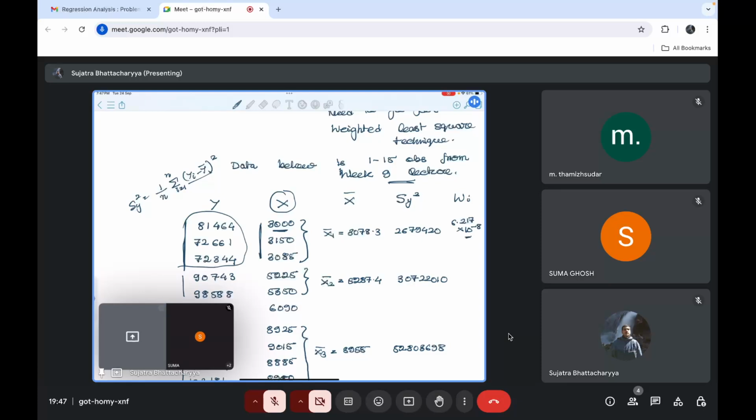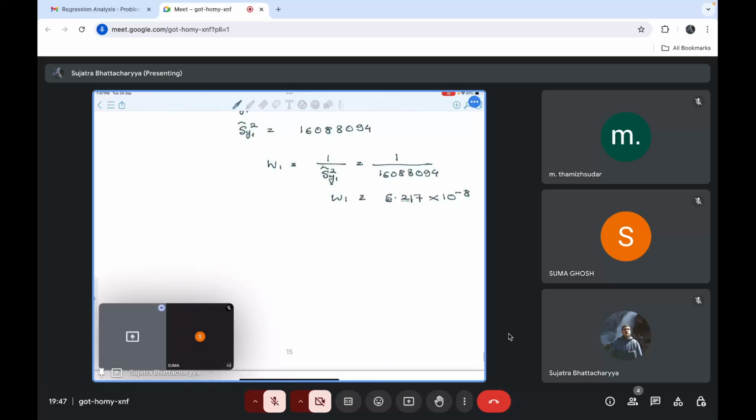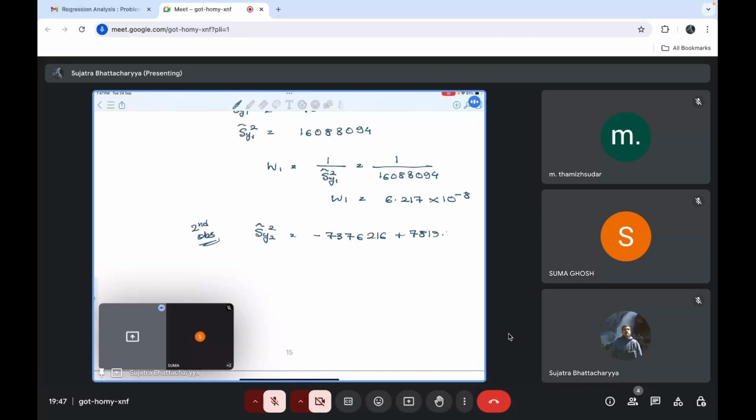Similarly, for the second observation, 3150, I calculate this one. So sy2 hat square for the second observation, you will have minus 7376216 plus 7819.77 into 3150, because we are replacing x bar with xi.